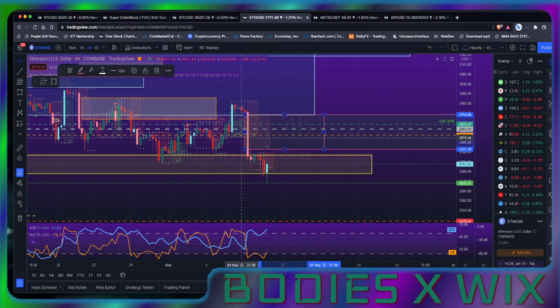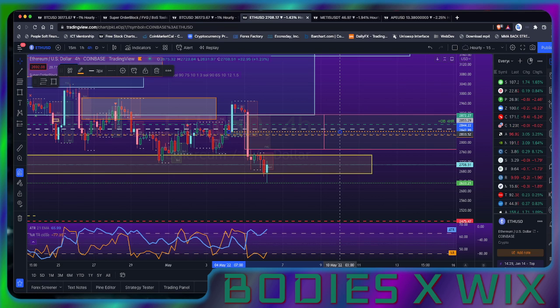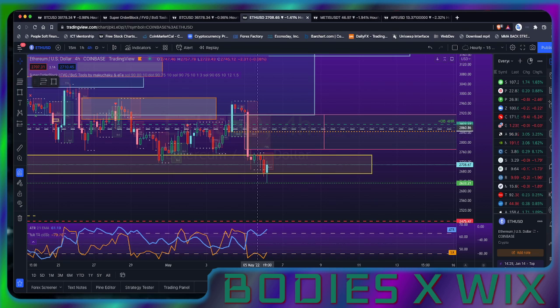And here it looks like it would actually probably split the middle as a consequential encroachment due to a bearish order block, as you can see right there. I know I got a lot of lines going on here. Let me erase some of these that probably won't matter here in a little bit.